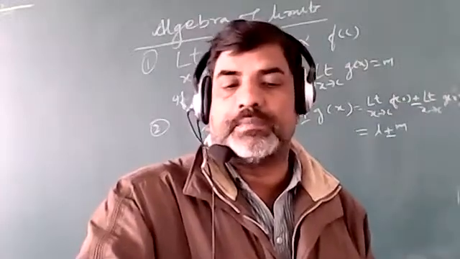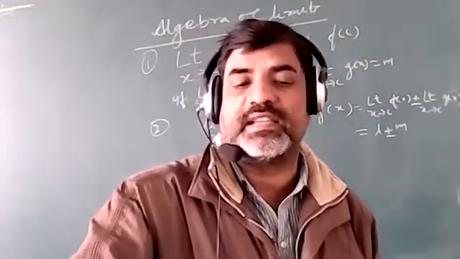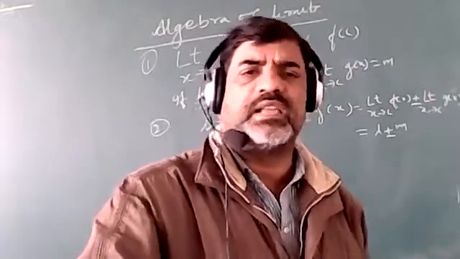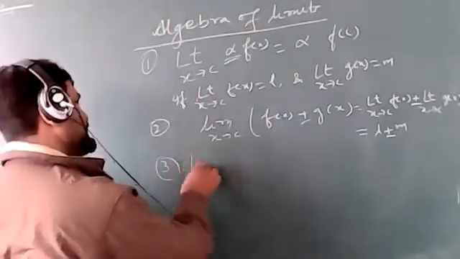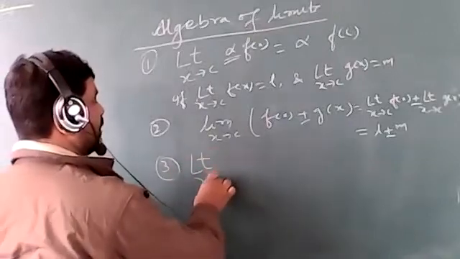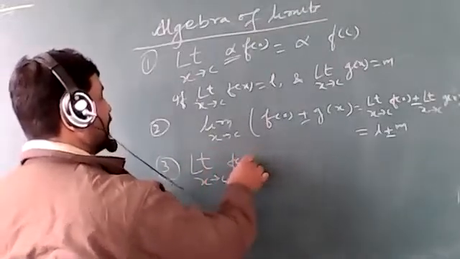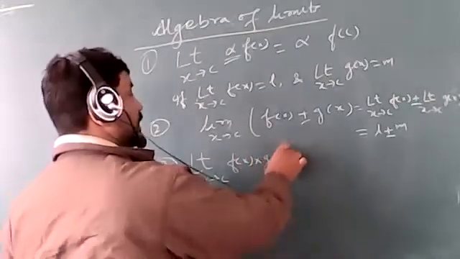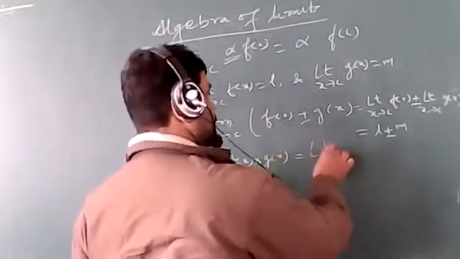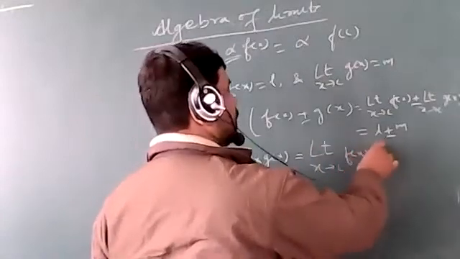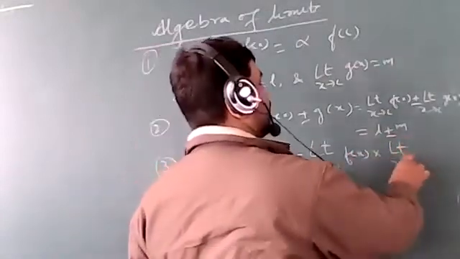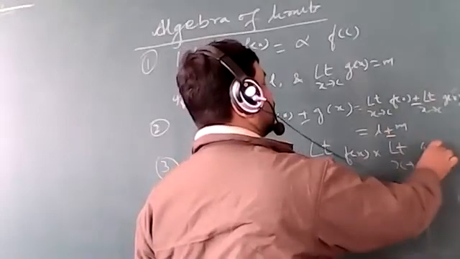Similarly, if we write their product or division, then also it holds true. That is, we can write limit x tending to c of f(x) into g(x) as limit x tending to c f(x) into limit x tending to c g(x).